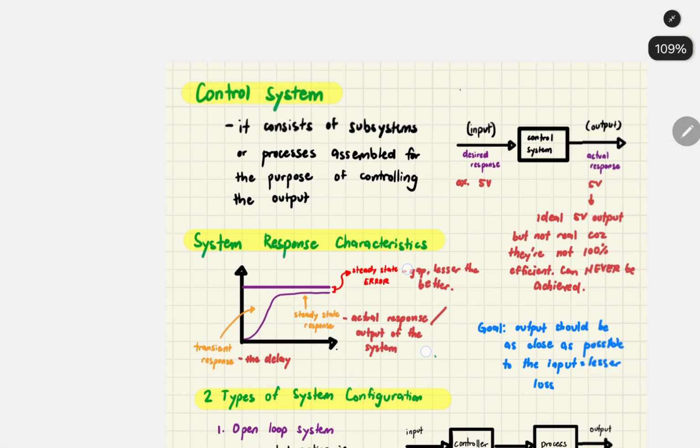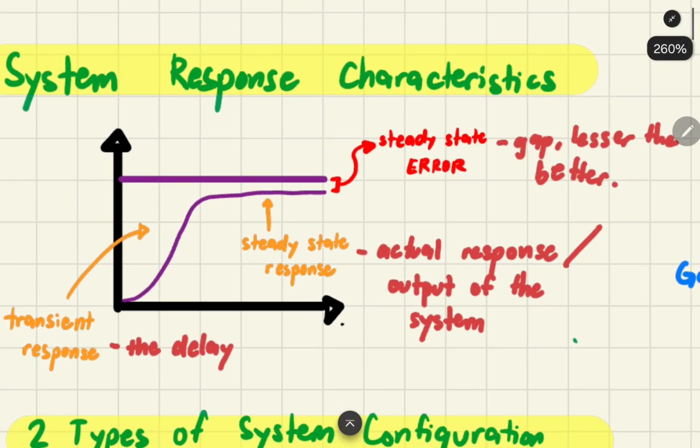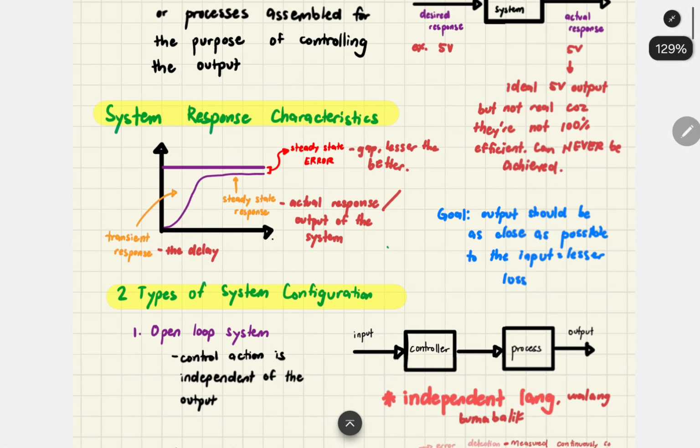So this is just like the visual representation of the non-ideal characteristic of this control system. As you can see, the desired response is not the same with the actual response. There is a small gap or error between them.